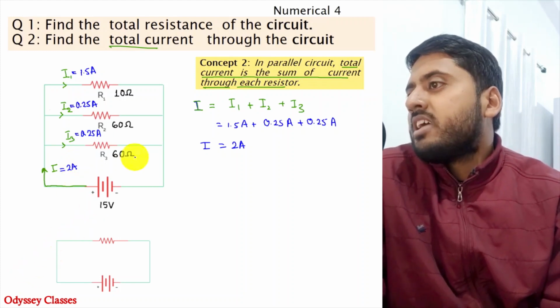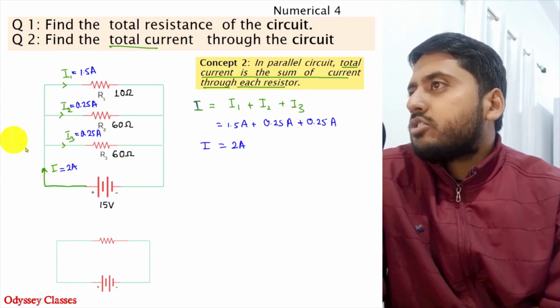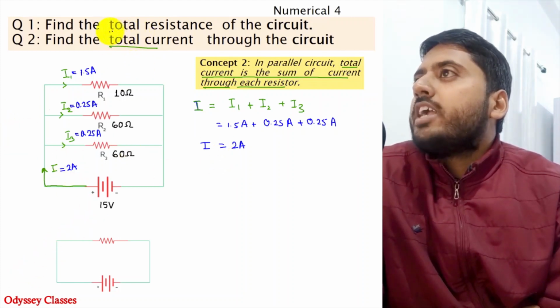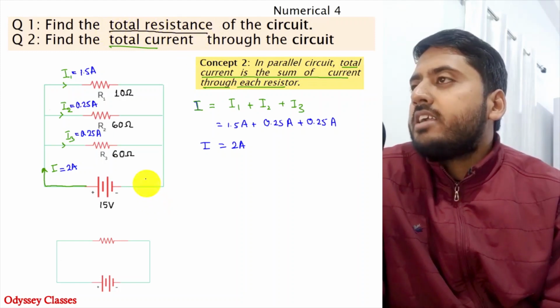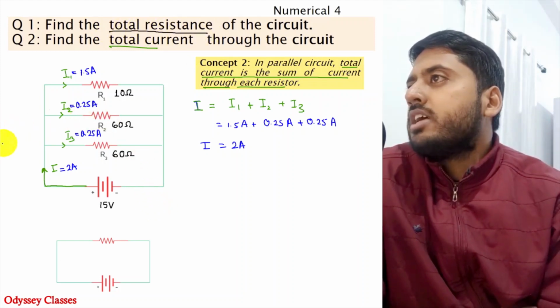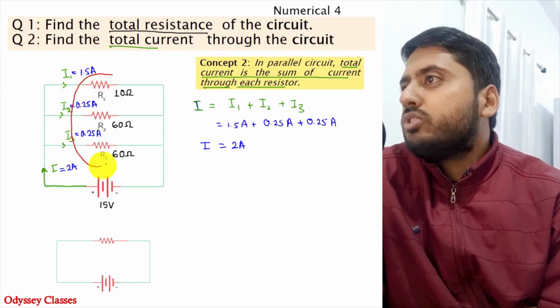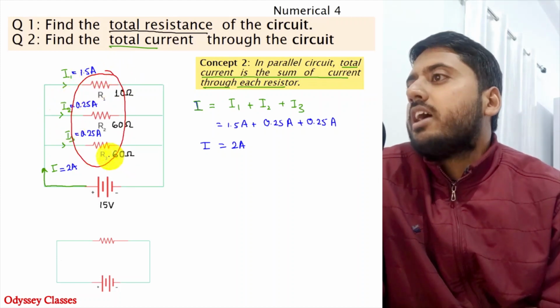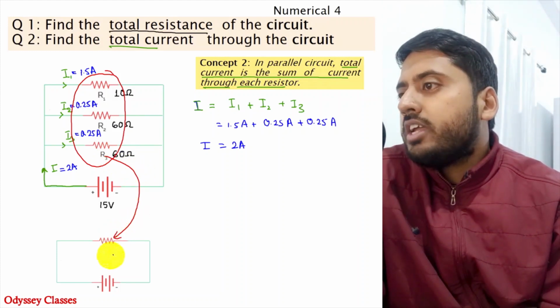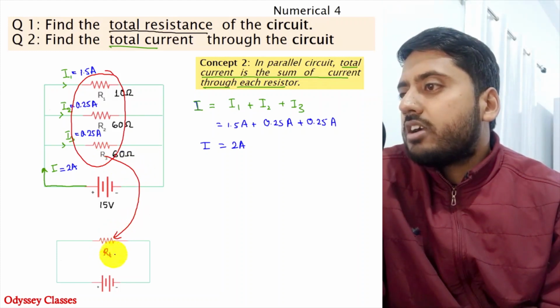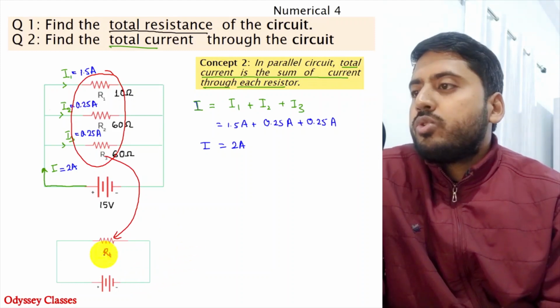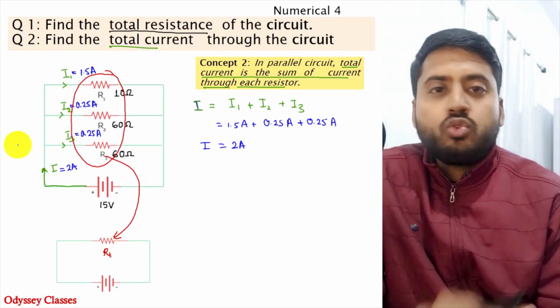Now, if you remember the last solution, we have to find total resistance, and for that we are basically finding one resistor that will be equivalent to these 3, right? And that resistor, we are calling it the total resistance RT. In order to find this, there are two methods.